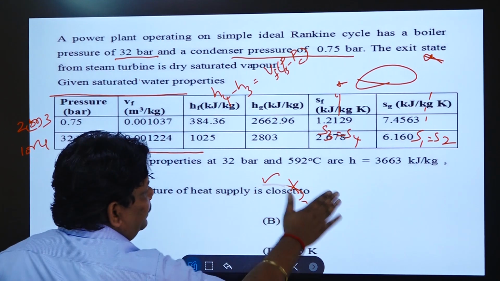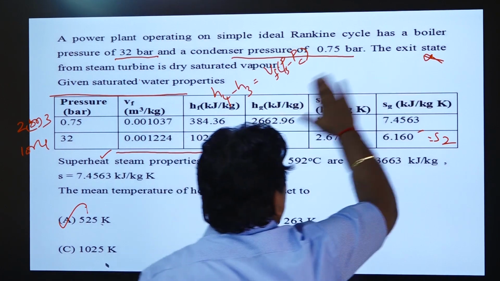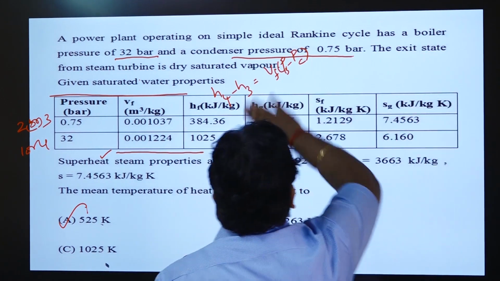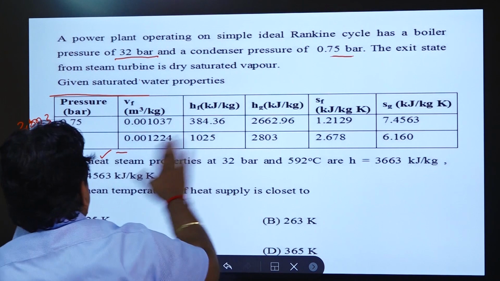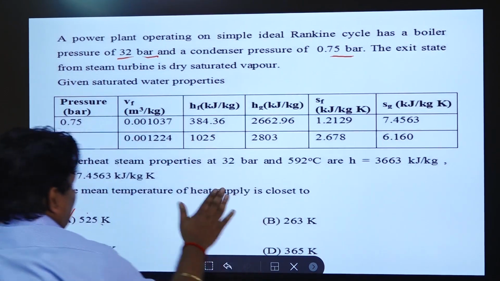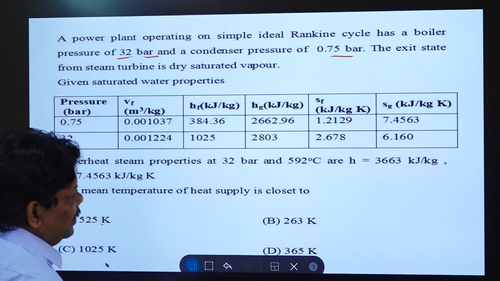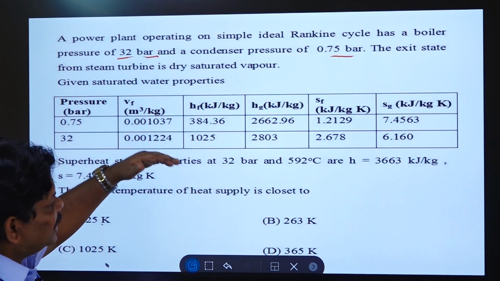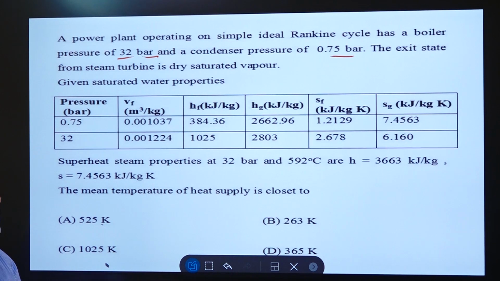So everything relates to the TS diagram, and you should know the working of the cycle: when it is superheated and when it is condensed. We have studied that alternately it is condensed and then it is heated further.